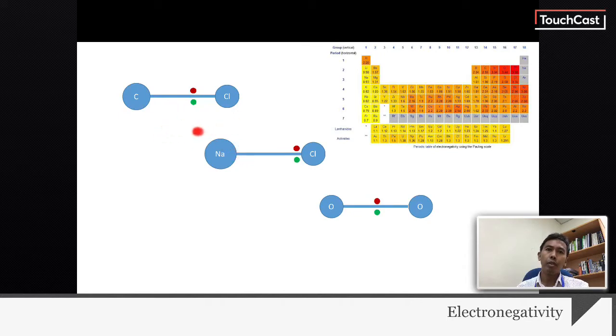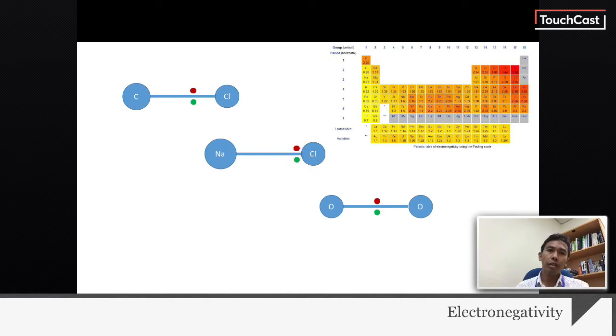Is it the same? We can imagine they are not the same because they are different in electronegativity. The carbon chlorine bond is more equally distributed but still closer to chlorine, but in the sodium chlorine bond the electron is mostly localized at the chlorine atom.